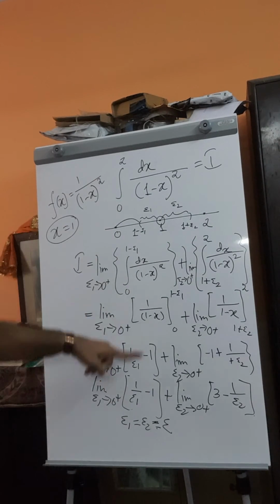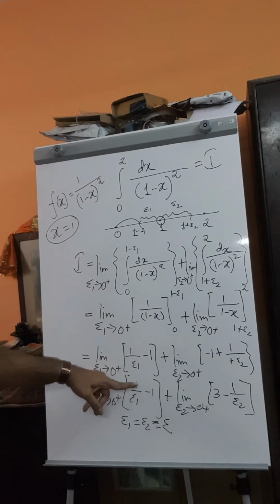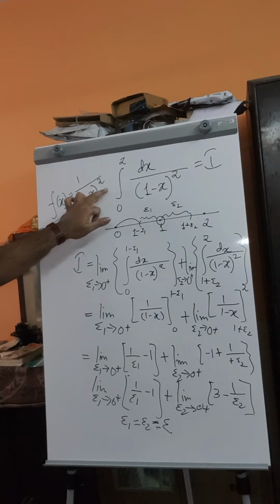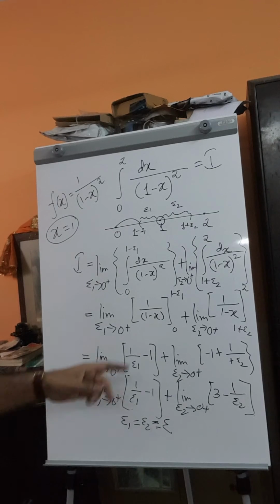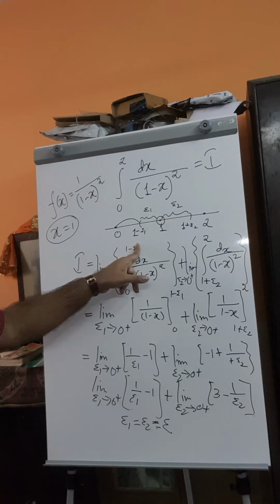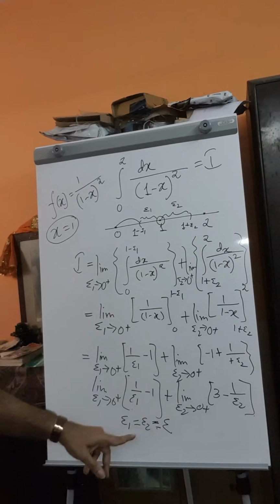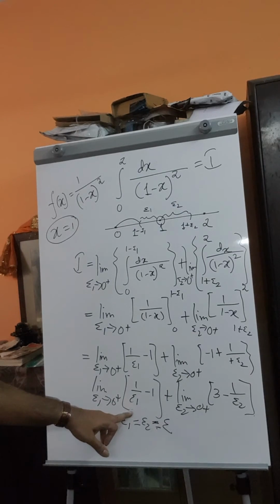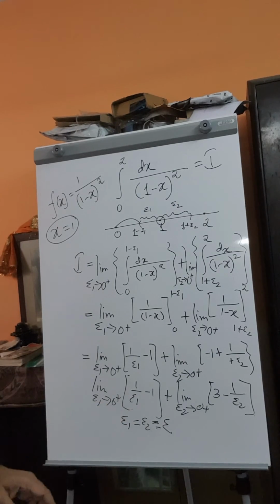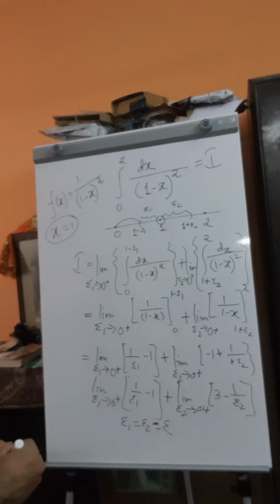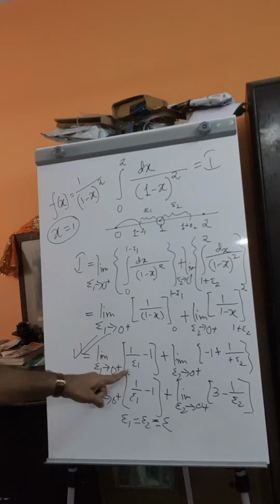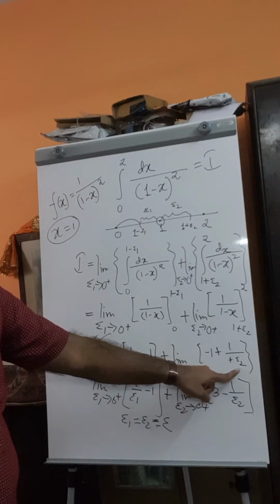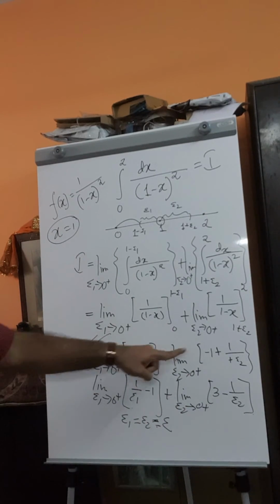But in our particular problem, this improper integral does not exist in real sense, neither in Cauchy principal value sense, because here if you take epsilon 1 and epsilon 2 to be equal, then these terms do not cancel. So here if I take epsilon 1 equal to epsilon 2 equal to epsilon, we have 1 by epsilon and also 1 by epsilon.